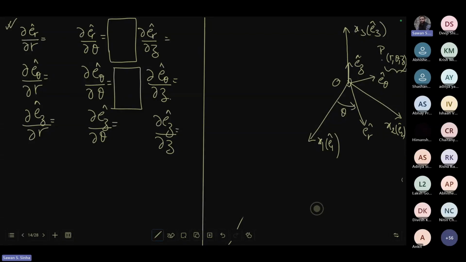This is what I was talking about in my previous class, that when your working coordinate system is Cartesian, whenever you come across things like that, they were all zero. In general, del EI del xj was zero. Frame fixed Cartesian coordinate system.